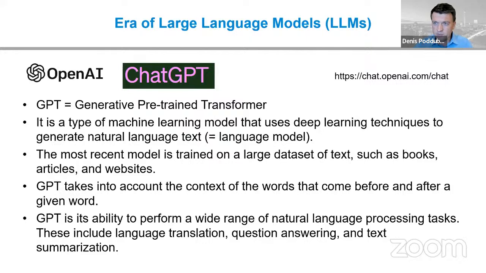So what this language model is doing, this is in fact an artificial neural network and the algorithm which is trained on billions and billions of texts, books, articles from journals, everything that was available for the algorithm until December 2021.